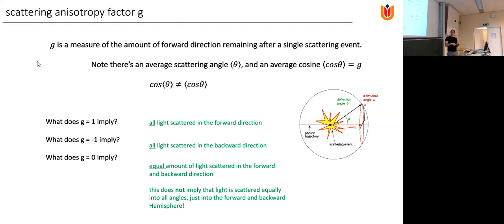So what cosine theta actually does is project the amount of scattered light onto the incident direction. So it tells you the fraction of scattered light that still propagates in the incident direction. A measure of the amount of forward directed light.